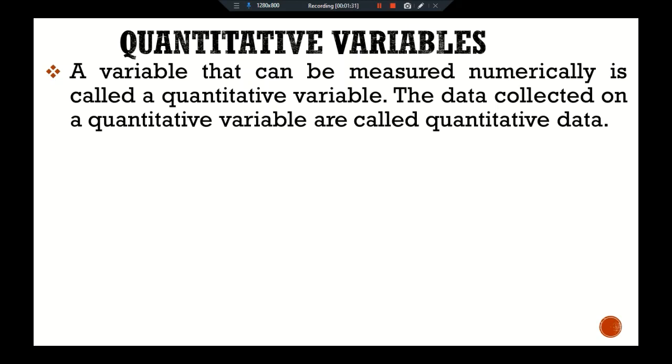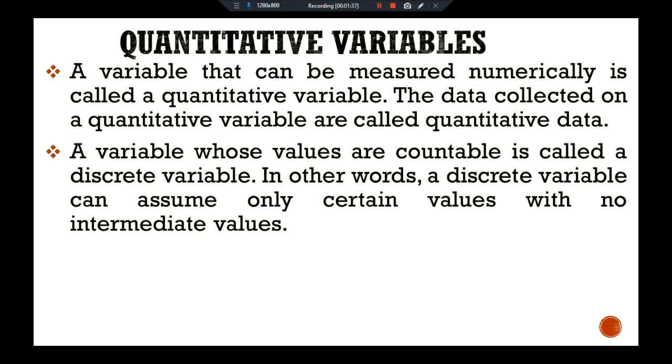So let me give the definition of the discrete variable. A variable whose values are countable is called a discrete variable. In other words, a discrete variable can assume only certain values with no intermediate values.